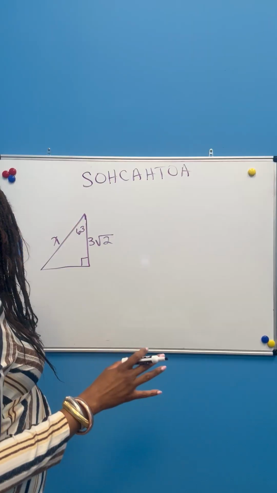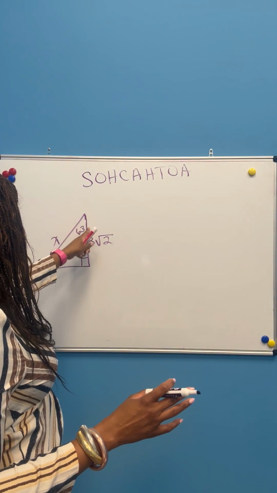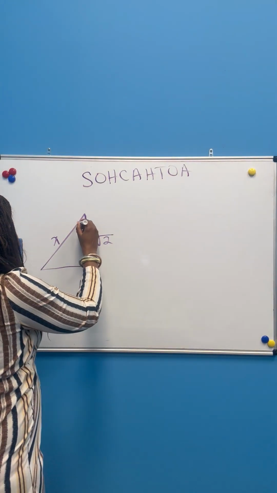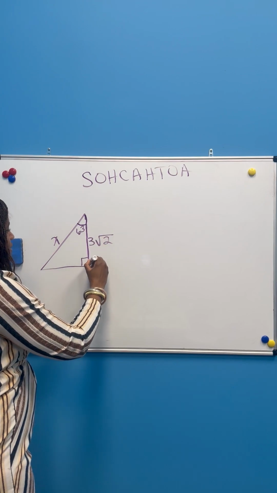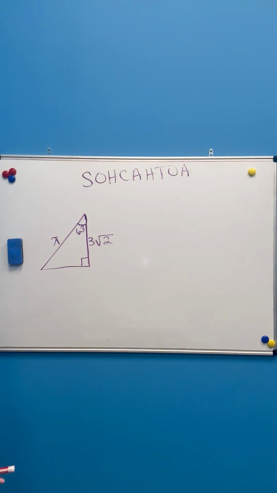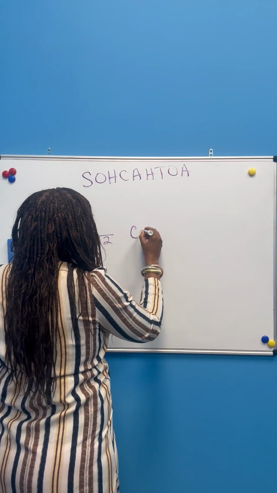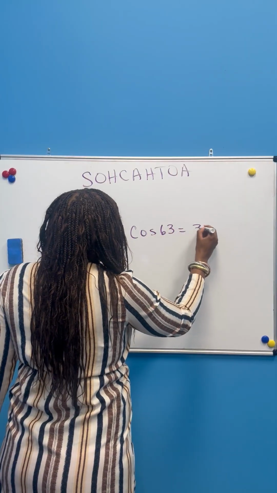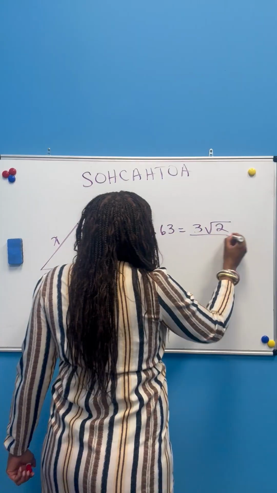Looking at this problem, we have the degree. We have the adjacent side because it's touching that 63. The angle of 63 is right here, and it's touching that side. So that's our adjacent, and we're looking for the hypotenuse, the side that's across from the 90 degrees. So this is another cosine problem. Cosine 63 equals adjacent over hypotenuse.